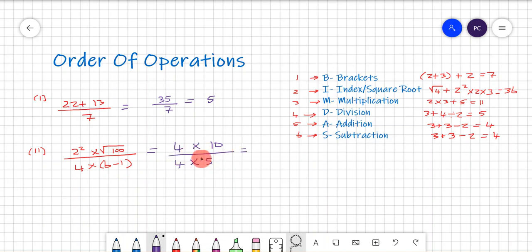Then we multiply these two top parts, so that's equal to 40, divided by 20, which is equal to 2. Okay, so this is order of operations, and how important it is when you have questions like this that have multiple different parts and different operations, to know which one you have to do first.